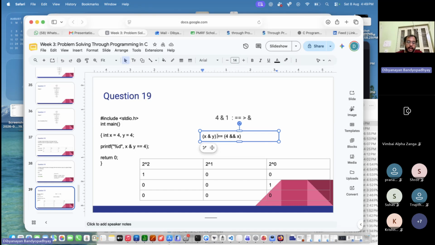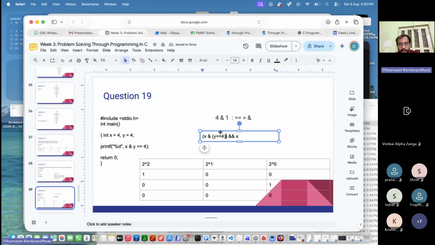Okay, so this was my previous guess, but I searched on the web and I got to know that based on operator precedence, it will be grouped like this actually. So y equal to 4 will be given the first priority because equal to has higher precedence than anything else. And after that, logical AND comes. So the whole thing will be grouped like this. Okay. So this is the correct way of grouping.